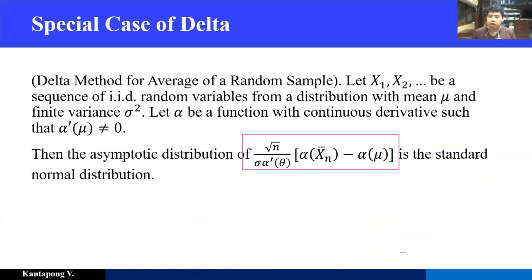Okay, so let's do some intuition here. g of Xn bar minus g of mu is approximately equal to g prime of mu times Xn bar minus mu.